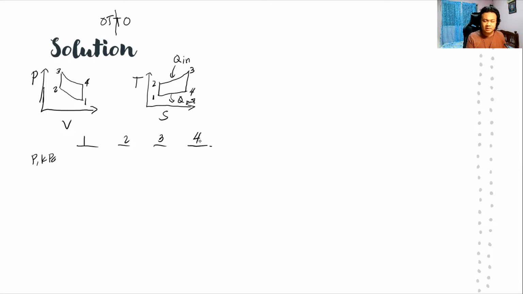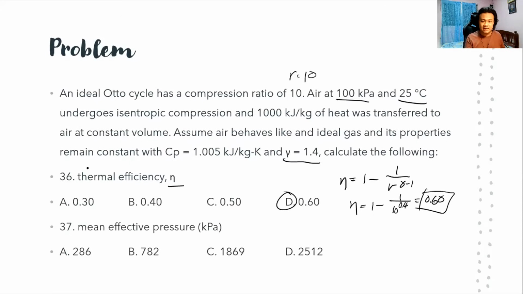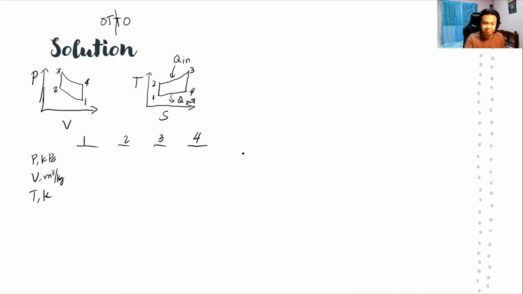Next we have volume, and then T in Kelvin. I propose to you that the units that we will be using is cubic meters per kilogram. Okay, so as you can see, there are hints that we will be using kilogram, diba? So it's much easier to use the per kilogram basis right here.